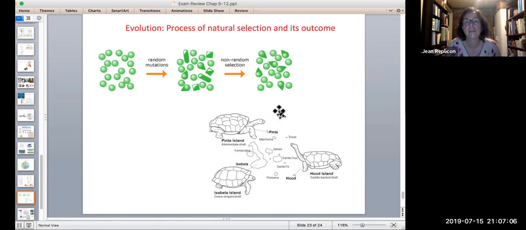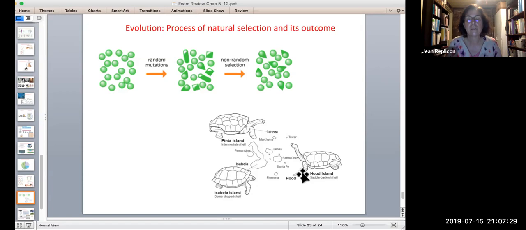And so that's what I mean by non-random. Natural selection is a non-random process. And so the frequency of these traits in the population is going to be higher and higher, and it's going to result in organisms that are better adapted to live in their environment.